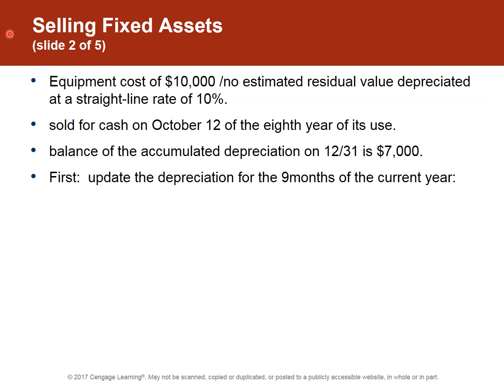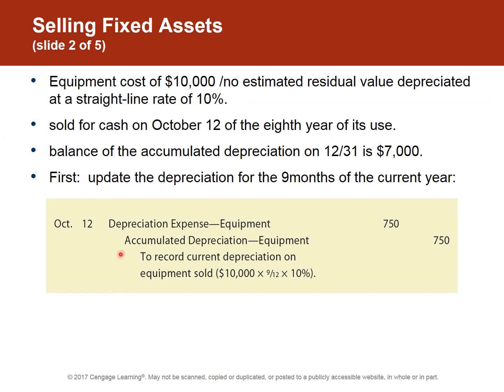And let me throw in this comment. If you're having trouble following, I would suggest you go back and listen to some of the other videos and possibly try some of the problems within the text, or maybe study it through the text. So first, let's update depreciation expense, and that is we've got this $10,000 times 9/12 at 10%, and that's $750. Our normal depreciation expense has been $1,000 a year.